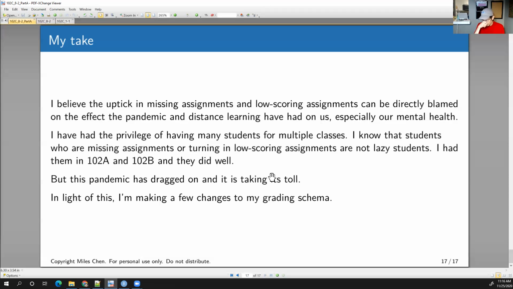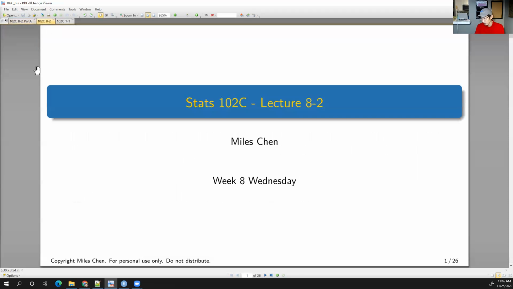And so I've decided to make just a few changes to my grading scheme. These are not drastic changes, okay, but just a few minor changes that I want to use.